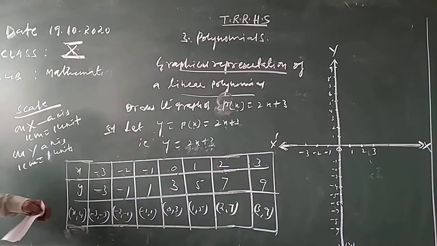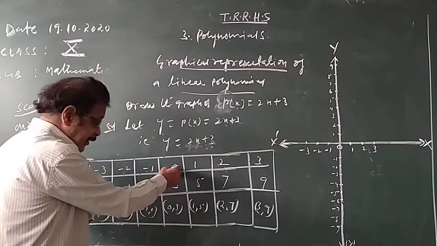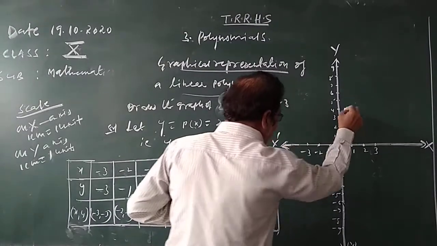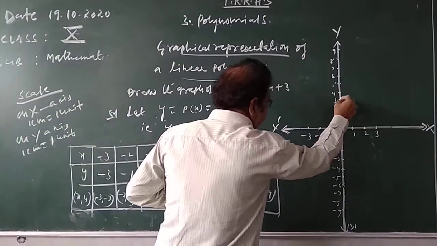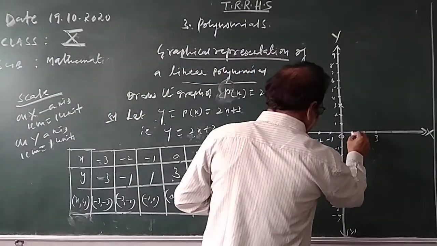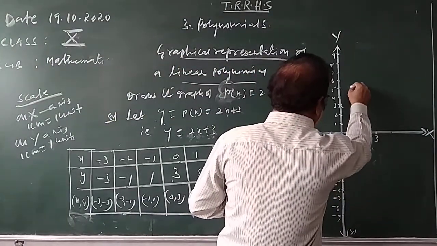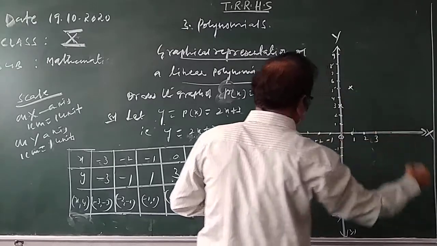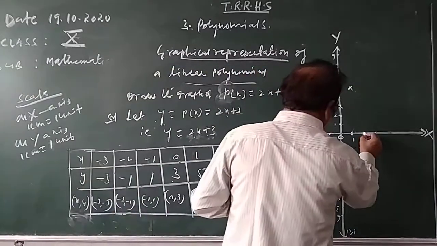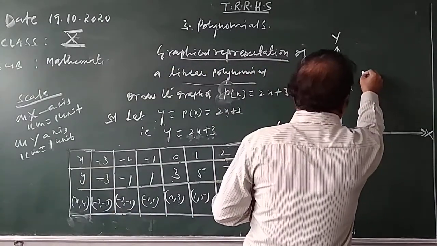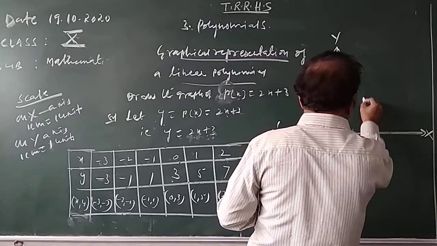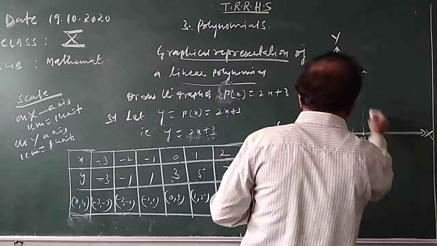First, x 0, y 3: this is the point 0, 3. Next, x 1, y 5: this is the point 1, 5. Next, x 2, y 7, and corresponding to x 3, y 9.